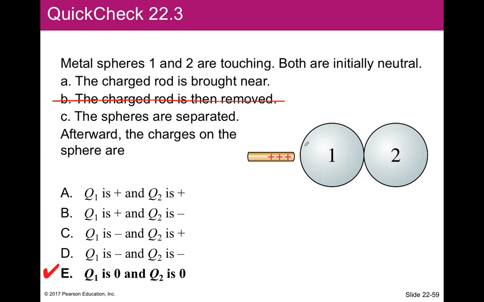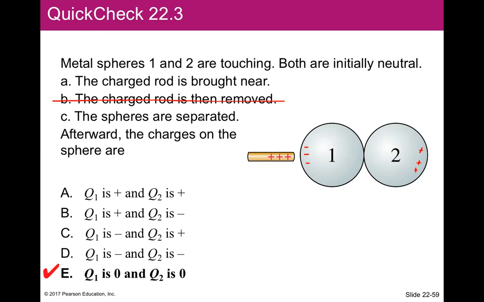So first of all, if you put the rod here, you have negative charges here, positive charges here. However, there is a step B that happened, which is removing the rod away. When you move it away, the entire system becomes neutral again. So it will be neutral and neutral.